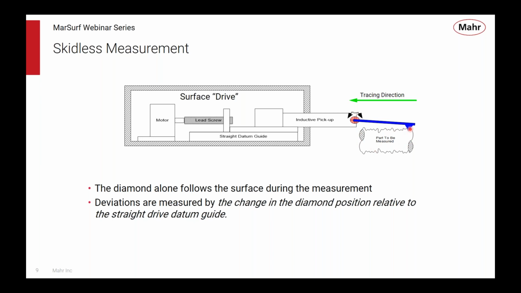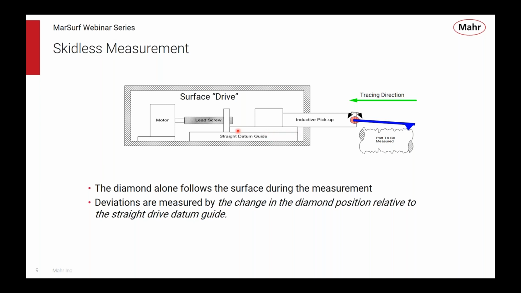I've got the blue diamond, the same blue diamond, but now it's not moving up and down relative to a skid that's riding on a surface. It's moving up and down relative to this whole system, which is inside the drive unit, which is a datum, a straight guideway, and it measures the stylus moving up and down relative to this flat surface inside here.